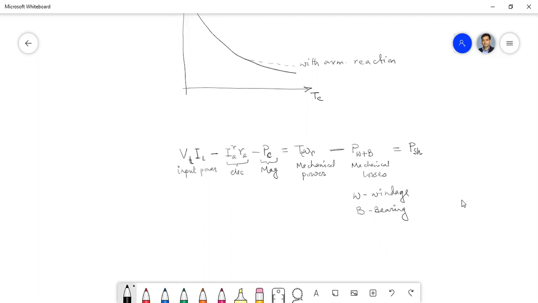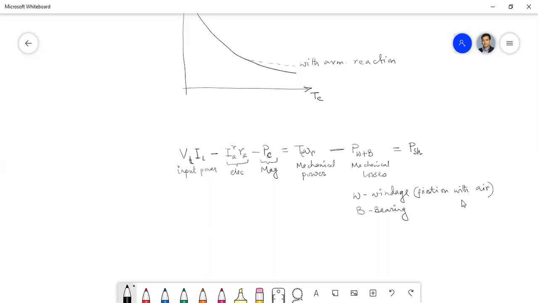Now this windage is basically the friction with the wind, the friction with air.